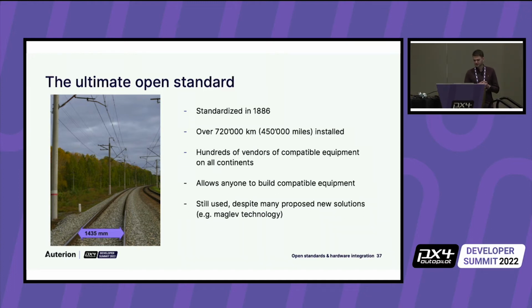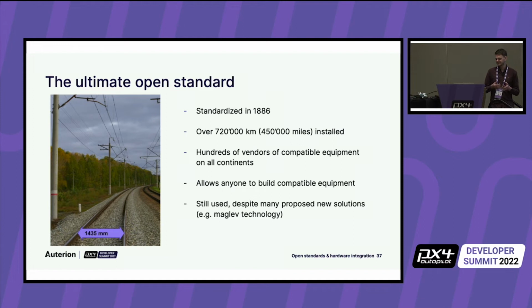Now what is interesting, it's still used to this day, despite there being many proposals to build seemingly technically superior solutions, right? There have been so many maglev train proposals or Hyperloop or all these kinds of seemingly technically way superior solutions to this problem.